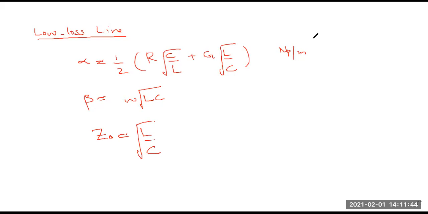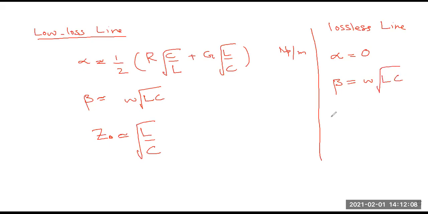In comparison, for a lossless line, the attenuation constant is exactly zero, the phase constant is exactly equal to omega times square root of LC, and the characteristic impedance is exactly equal to square root of L by C. So if you compare a low loss line with a lossless line, it is obvious that the phase constant of the low loss line is approximately equal to the phase constant of the lossless line.